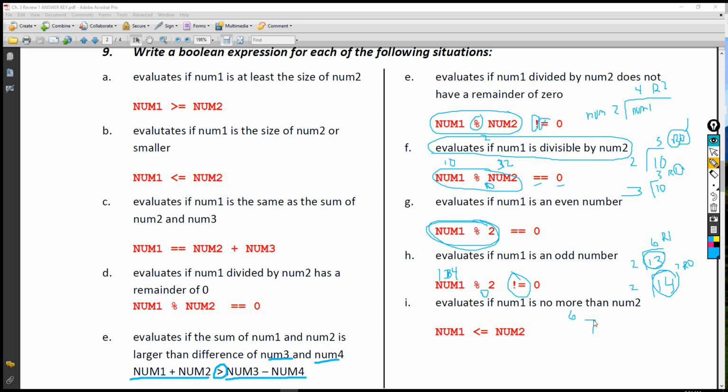Okay, is 7 no more than 7? Well, that's not more either. 8. Is 8 no more than 7? No, that's not true. So therefore, it's going to be a number that's less than or equal to 7. So that's why we have that there.